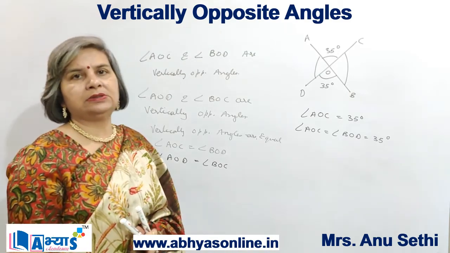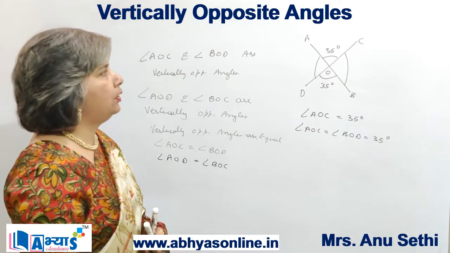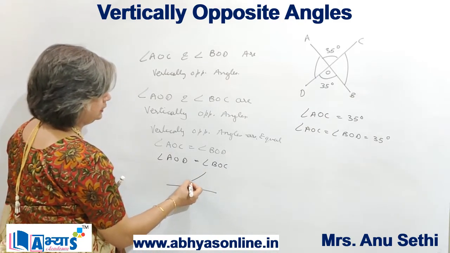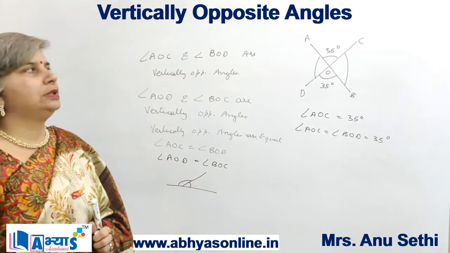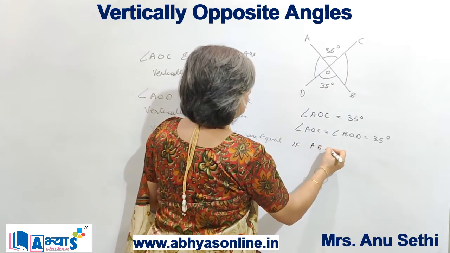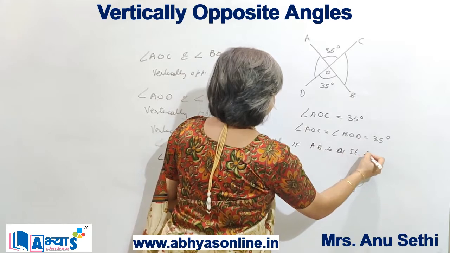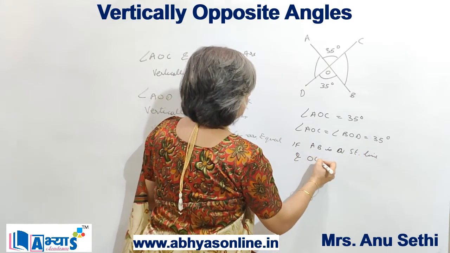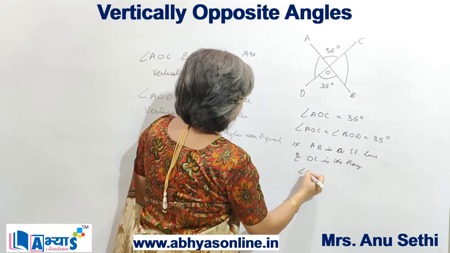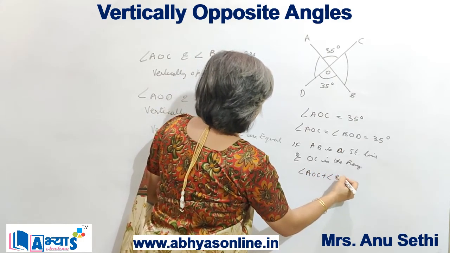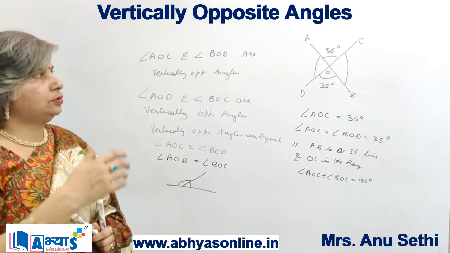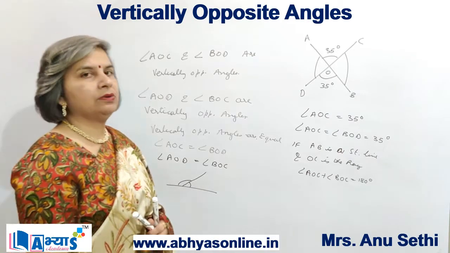The sum of angles on a straight line is 180 degrees. If a ray falls on a straight line, the angles so formed are linear pairs, and their sum is equal to 180 degrees. Therefore, AB is a straight line and OC is the ray, so angle AOC plus angle BOC is equal to 180 degrees.